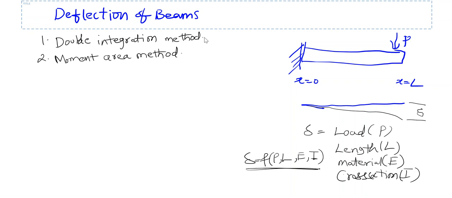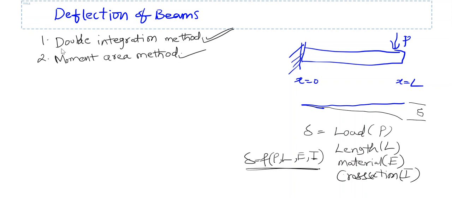This double integration method is a lengthy one, and this cannot be used for the GATE exam or 1 mark or 2 mark questions. This is something like a shortcut method, and this one is lengthy method. Double integration method is lengthy method.